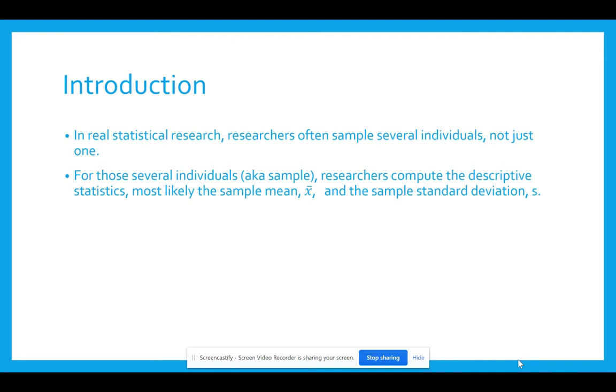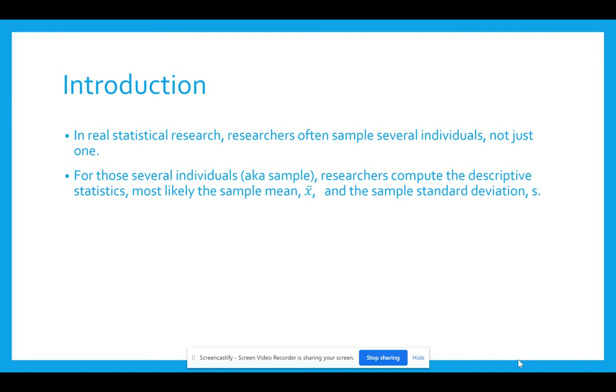We're going to calculate the descriptive statistics for that sample. Most importantly, we calculate the sample mean and the sample standard deviation. We use those two descriptive statistics because both of them involve all of the data values.